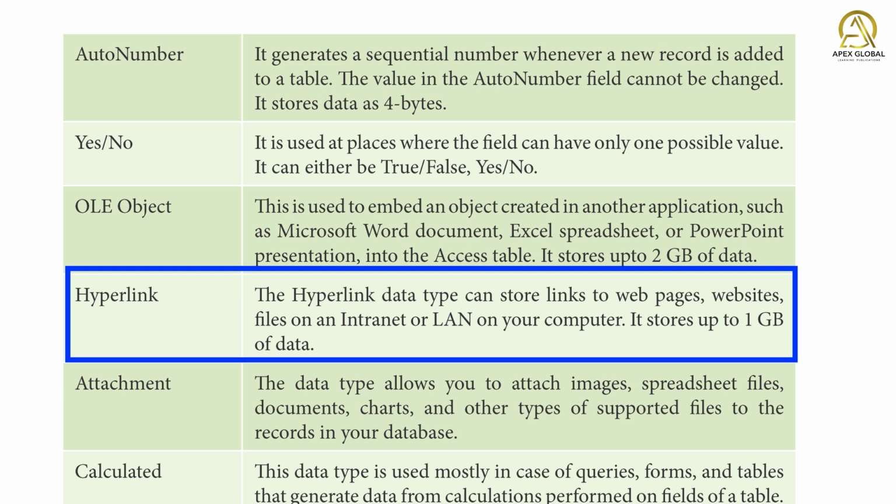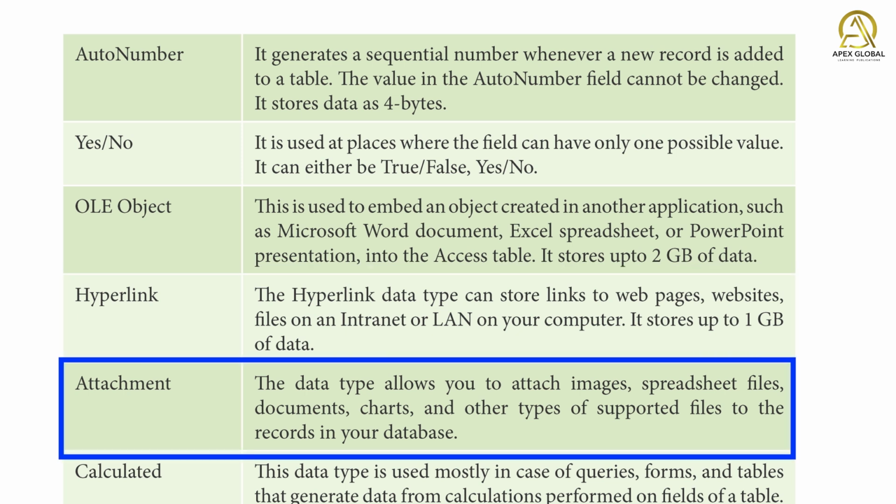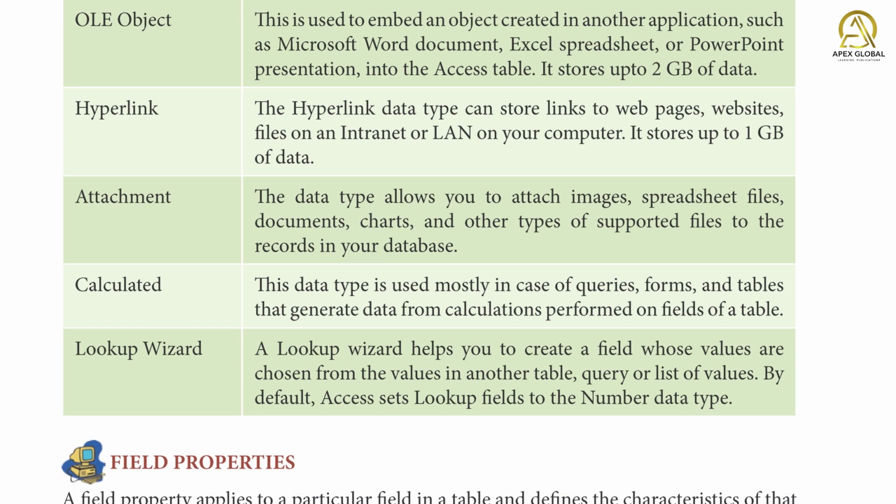The hyperlink data type can store links to web pages, websites, files, or an intranet or LAN on your computer. It stores up to 1 GB of data. Attachment. This data type allows you to attach images, spreadsheet files, documents, charts, and other types of supported files to the records in your database.